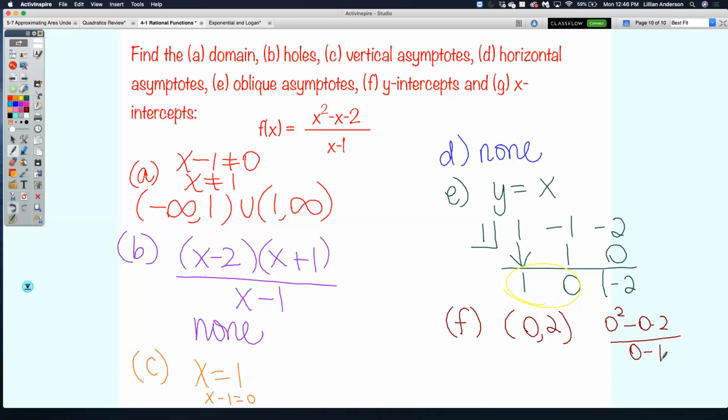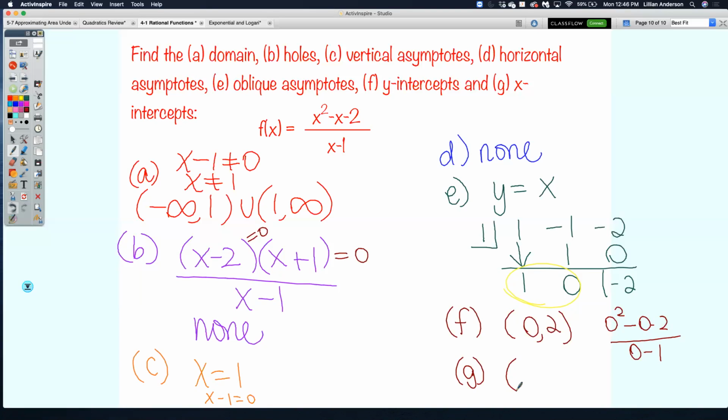What about my x-intercepts? I got (-2, 0) and (1, 0). Close. Watch your sign. Remember, you have to set the numerator equal to 0. So that's x minus 2 equals 0 and x plus 1 equals 0, so you have to still do the opposite.